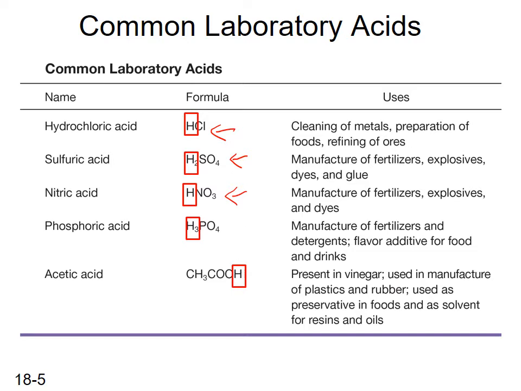Phosphoric acid, H3PO4, is used for manufacture of fertilizers and detergent, and as a flavor additive for food and drinks. Acetic acid, CH3COOH, also called vinegar, can be used in manufacturing of plastic and rubber, used as preservatives in foods, etc.